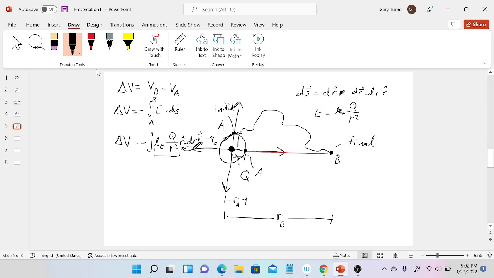So they go to 1. And so I'm left with negative KEQ integral from A to B of 1 over R squared dr. And the integral of 1 over R squared is 1 over R. So we have this.